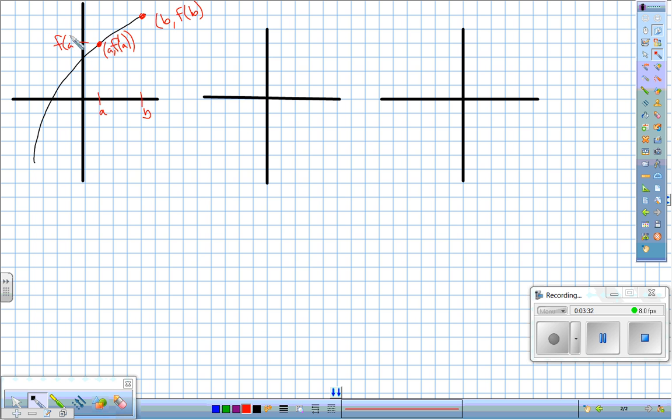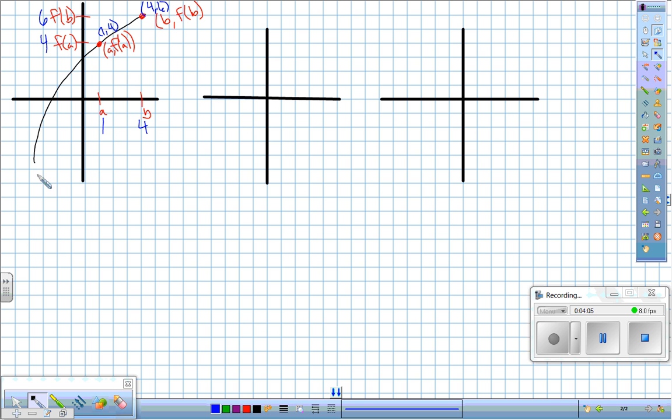This point here would be f of a, and this point is f of b. So for our example, in this case, our a is 1, our b is 4. Our f of a is 4, and our f of b is 6. So this point would be (1, 4), and (4, 6).